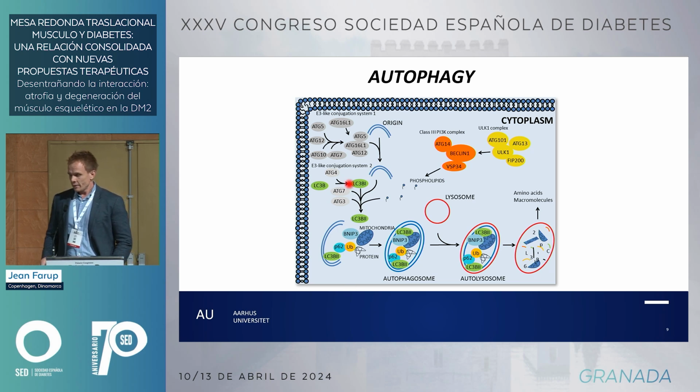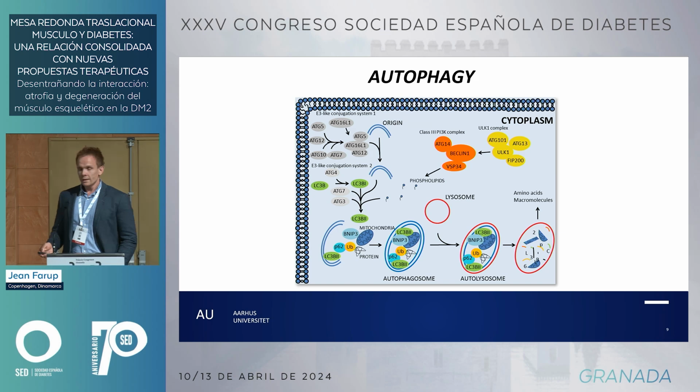Along with this, we have this E3-like conjugation system that provides the lipidation of this protein LC3 into LC3B2, which can then associate with the membrane of the building autophagosome. So LC3B2 is utilized quite frequently as a marker of autophagosomal content of the cell.